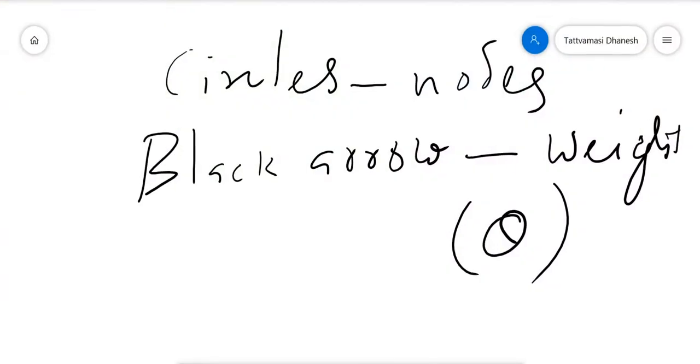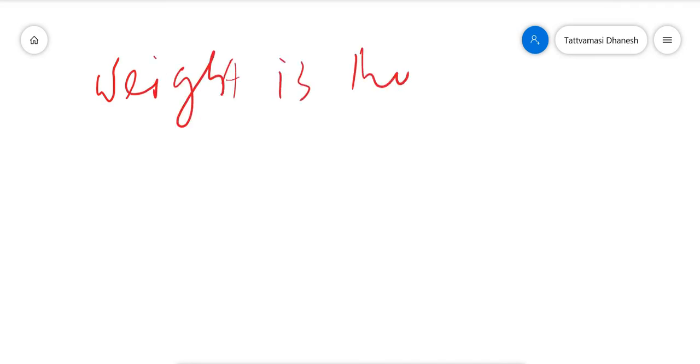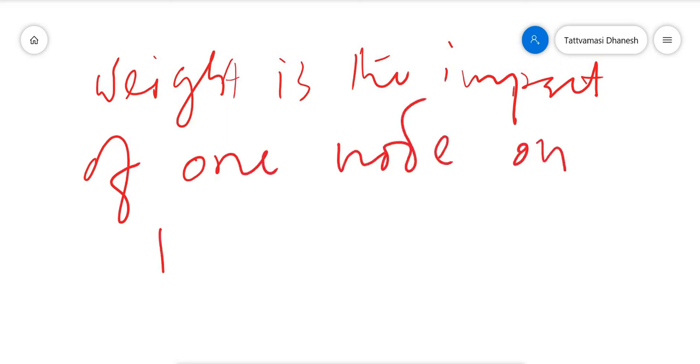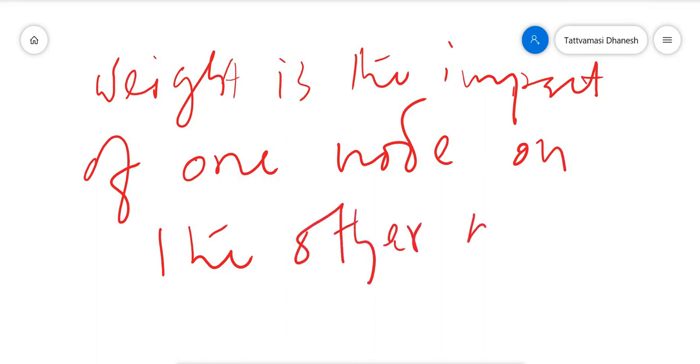That is very important. This is really very important to understand neural networks.